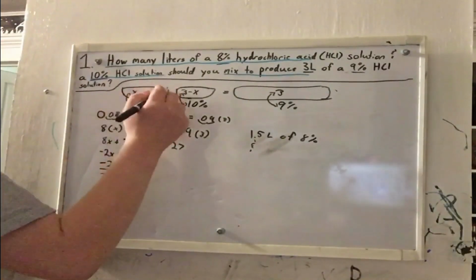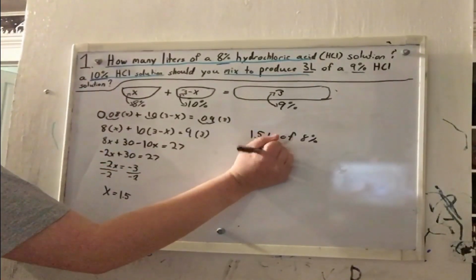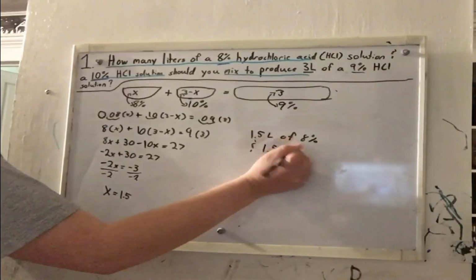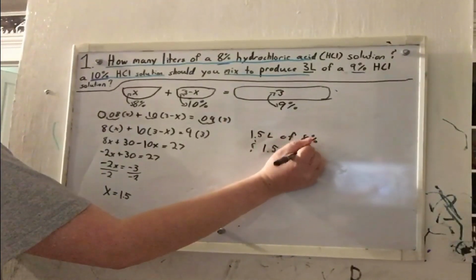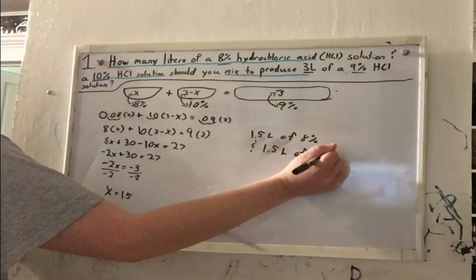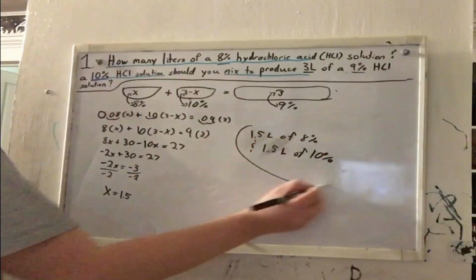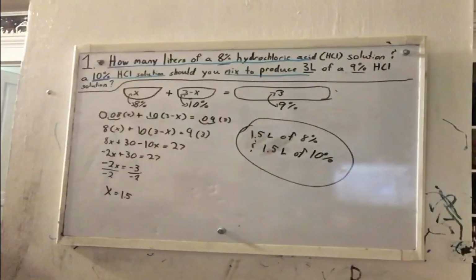And 3 minus 1.5 is 1.5. We also need 1.5 liters of 10%. And that is our final answer for that one.